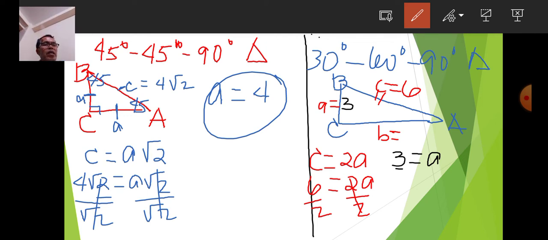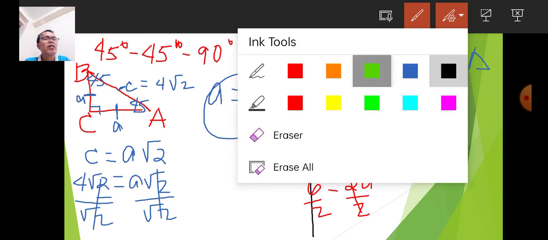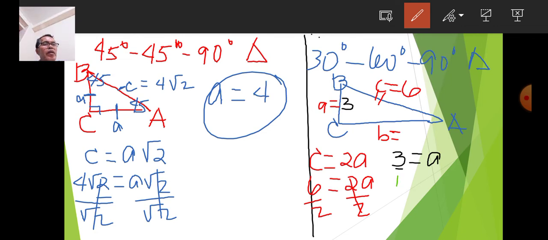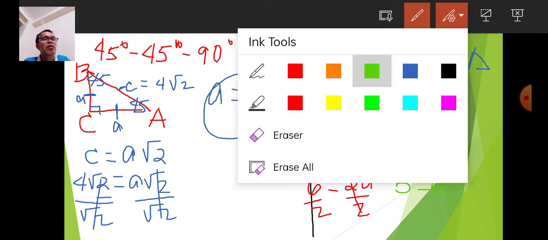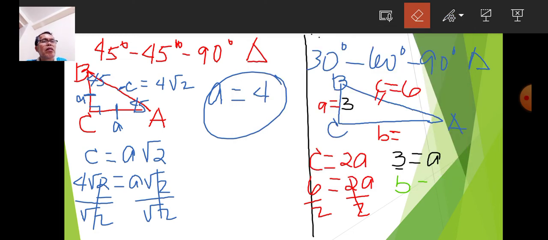And B has the formula B is equal to A times the square root of 3.